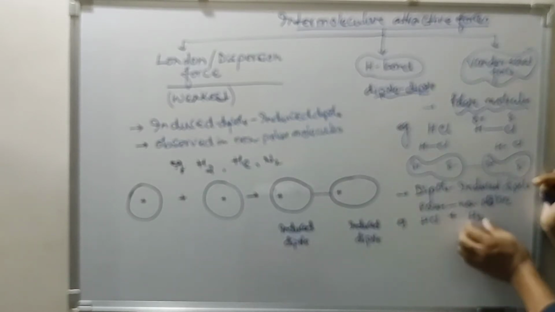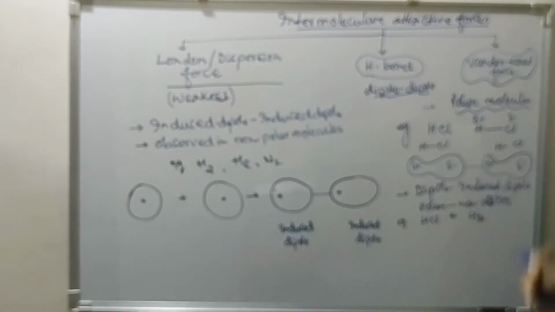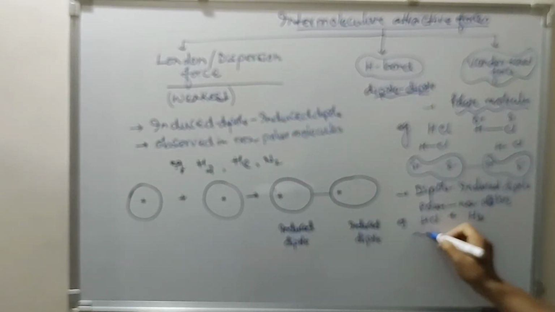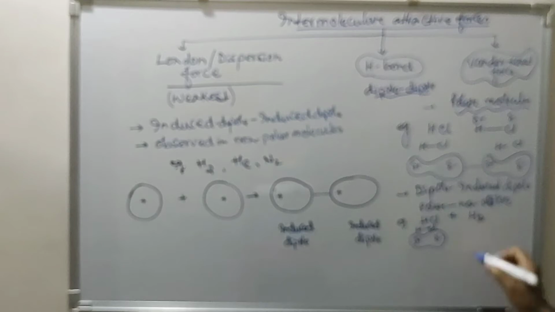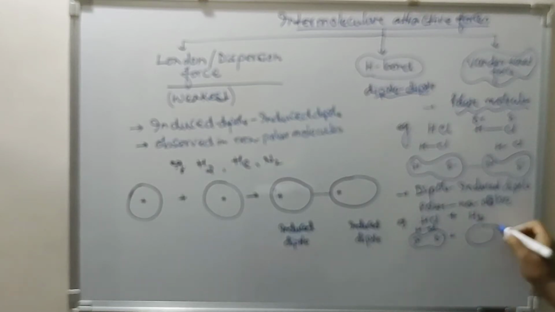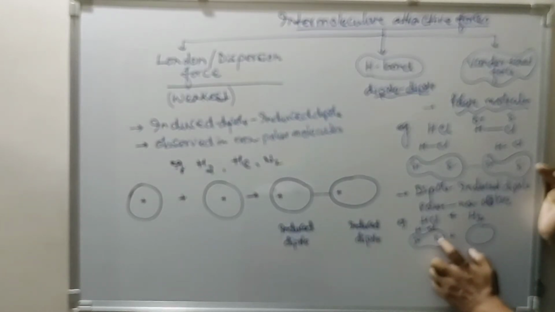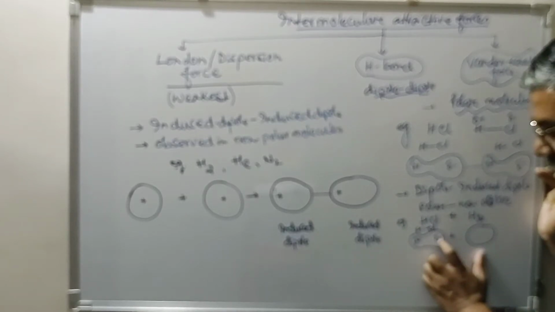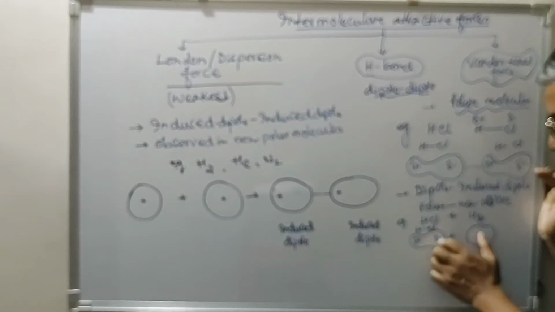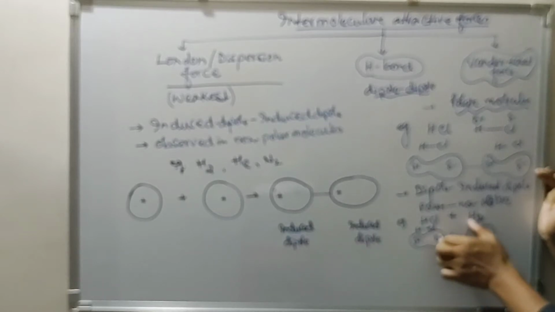This is HCl, a polar molecule. This is hydrogen, a non-polar molecule. In HCl, this end is partially positive and this end is negative. The hydrogen is non-polarized. The negative end of HCl will repel the electrons of the non-polar molecule, whereas it will attract the nucleus of the H2 molecule.